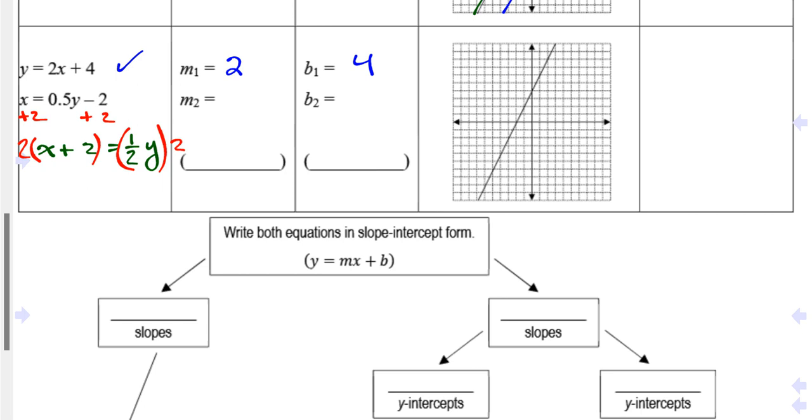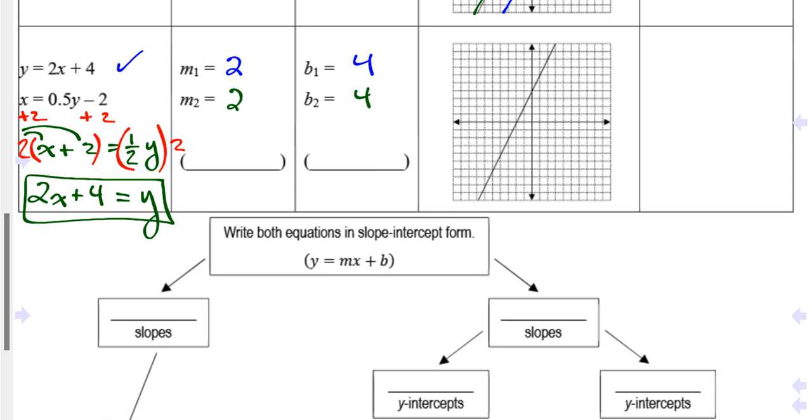When I do that, and I distribute this 2 into the brackets on the left, I get 2x plus 4 is equal to y. There you go, a little bonus message from Miss Codd. So there's our equation in slope-intercept form, and we can see our slope is 2, our y-intercept is 4.